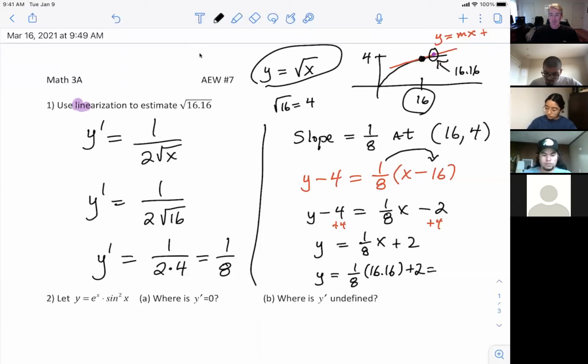So 16.16 divided by 8, well, 8 will divide into 16 2 times, so that means it's going to be 2.02, and then plus that extra 2. So my final answer is 4.02.